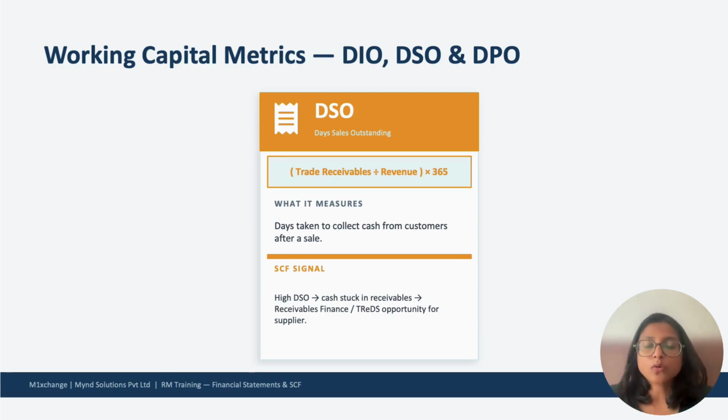Say the total receivables outstanding is 50 crores. In that, 10 crores is outstanding for 50 days, another 10 crores for 30 days, and the remaining 30 crores for more than 90 days.